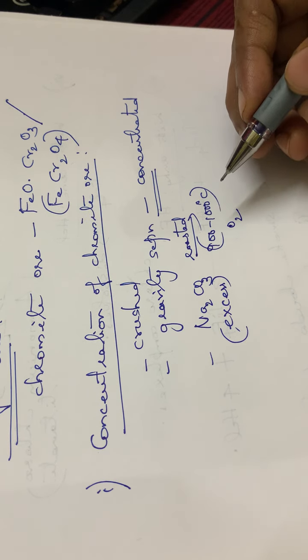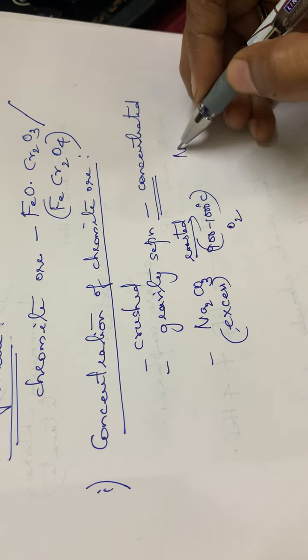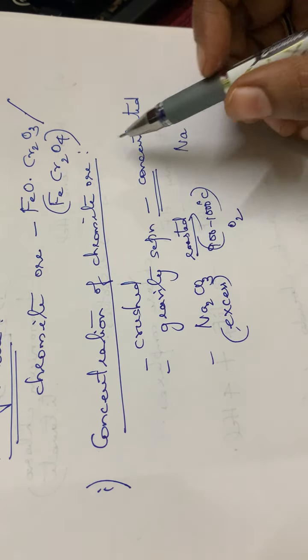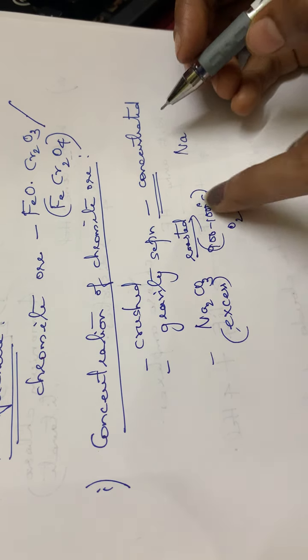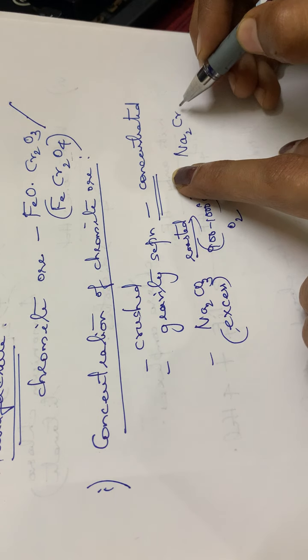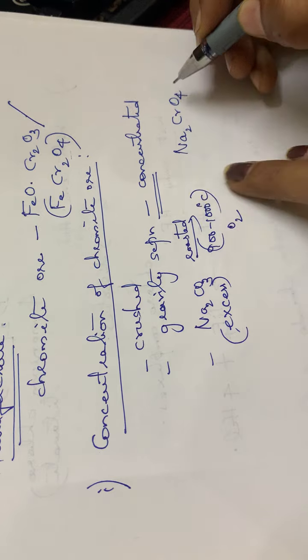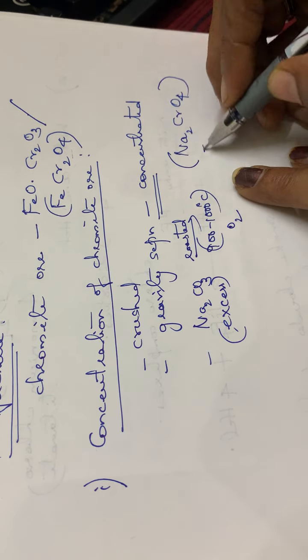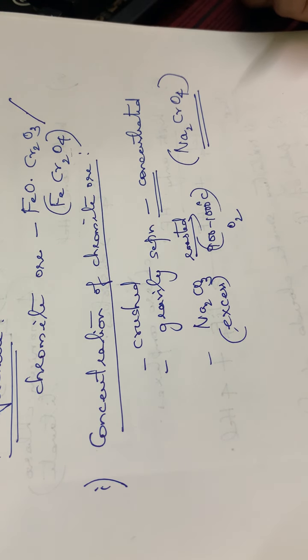So the ore is converted to sodium chromate, Na2CrO4.